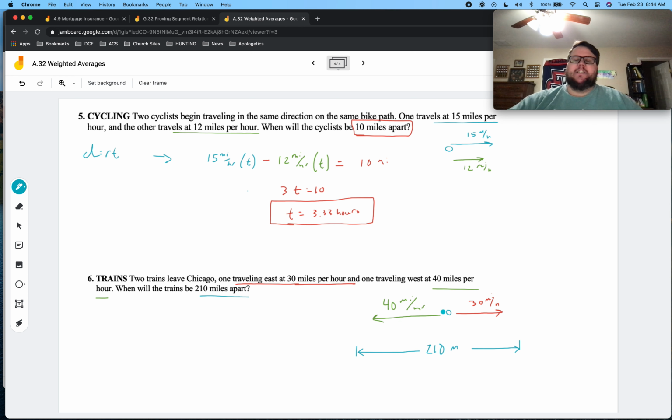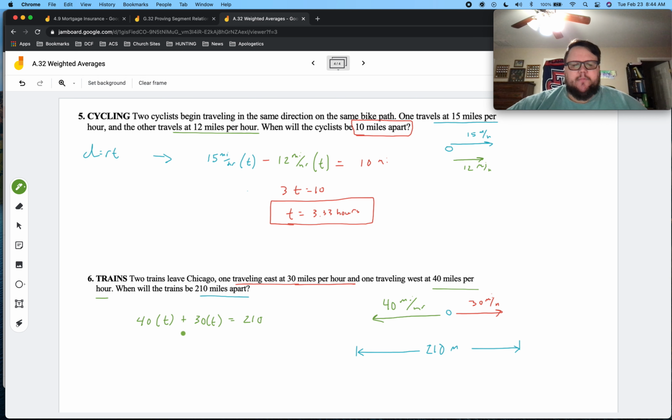So we have going west 40 miles per hour times T, plus 30 miles per hour times T, and we want to see when that adds up to 210 miles.